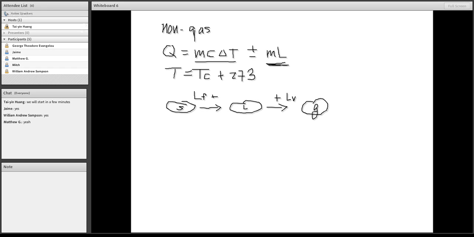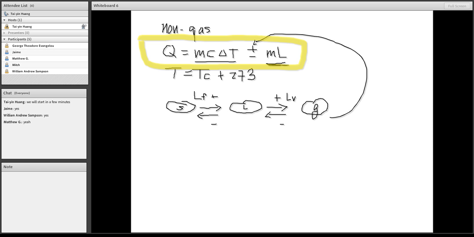If the direction is from gas to liquid, or from liquid to solid, then you use minus in this equation. So the plus or minus depends on the direction of the phase transition. This is the equation to calculate the heat.